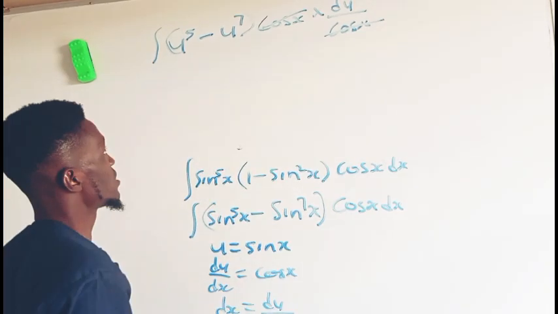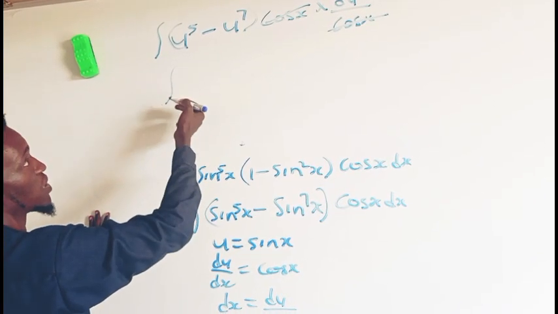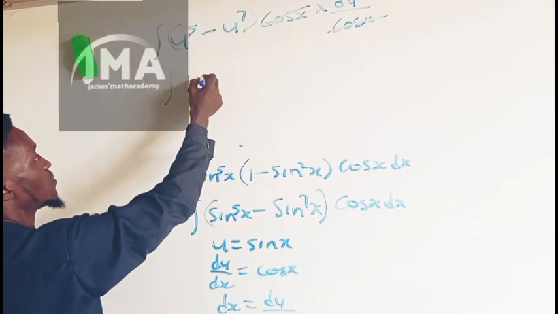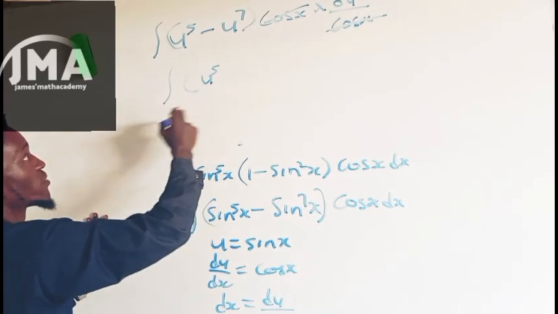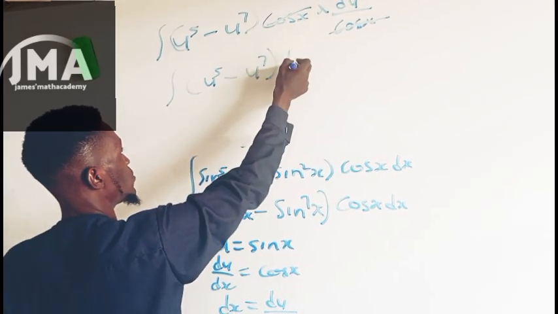Okay, so essentially we're going to have, you can open the brackets or you can leave it. You can also open the bracket. You can replace as u raised to power 5 minus u raised to power 7 du.